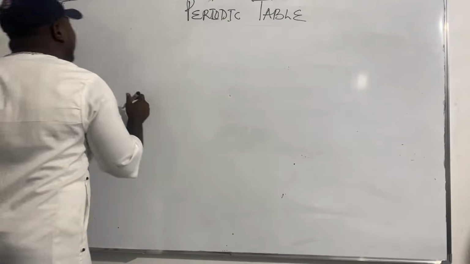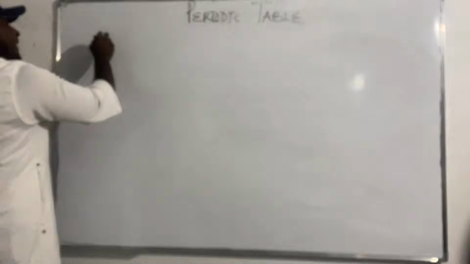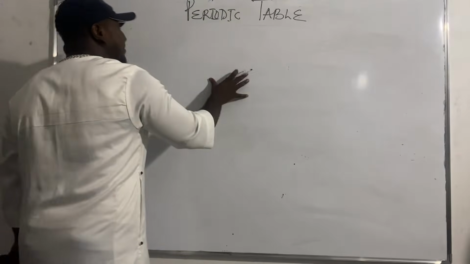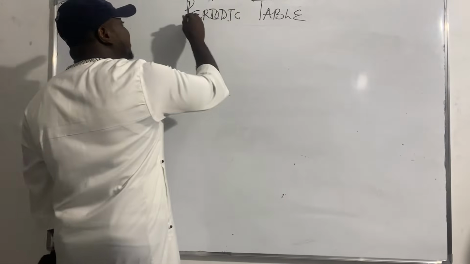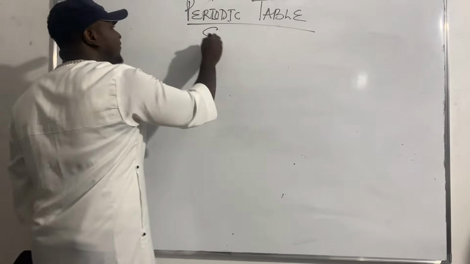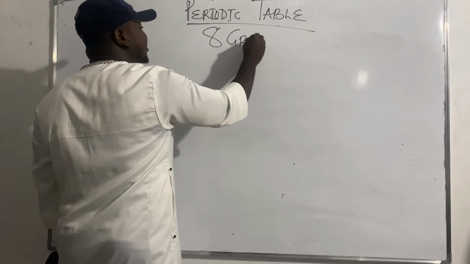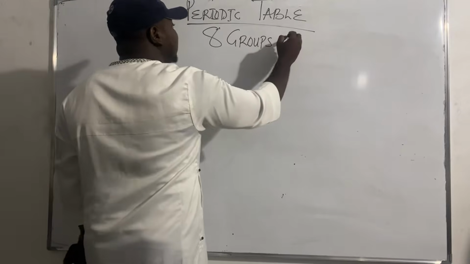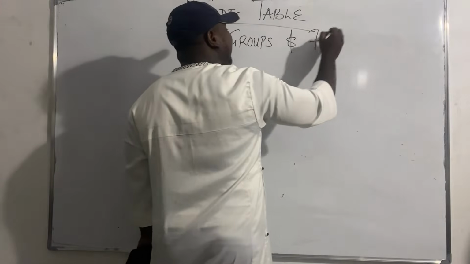For the first 20 elements, one thing you should first know, before I even start drawing it: the periodic table is divided into 8 groups and 7 periods.